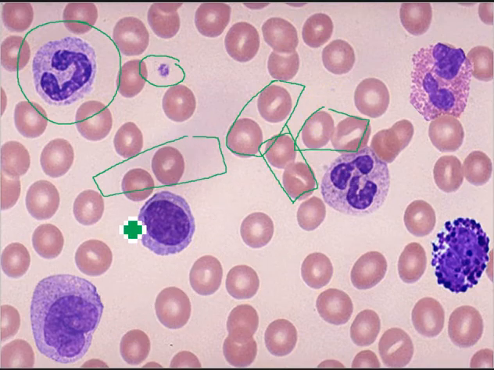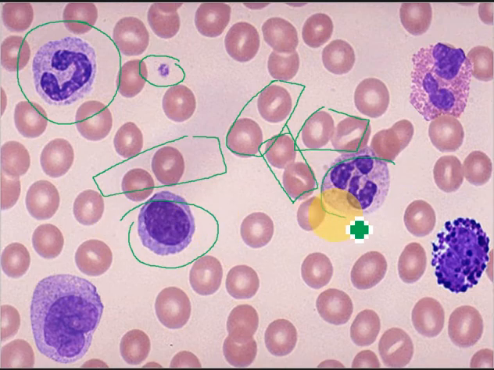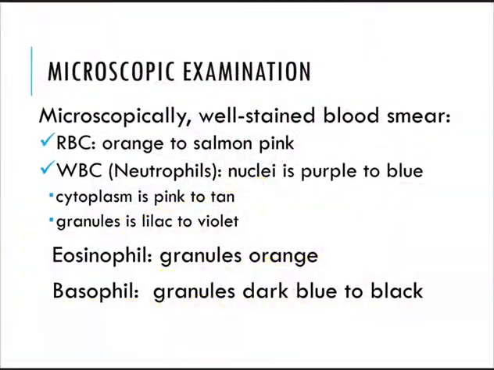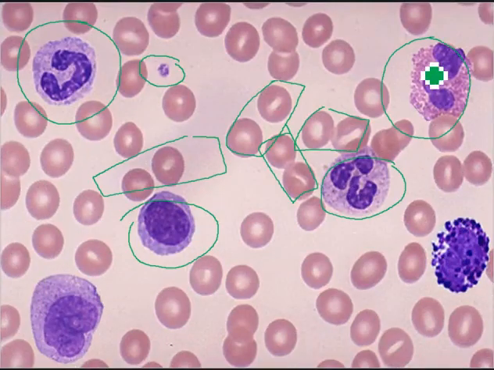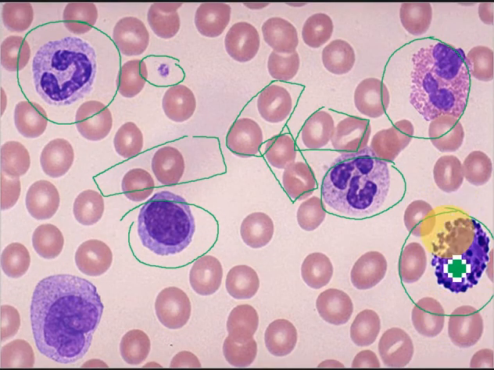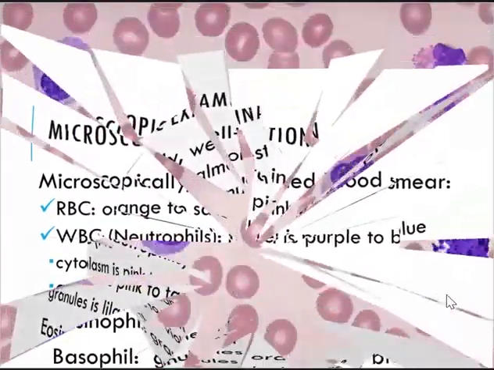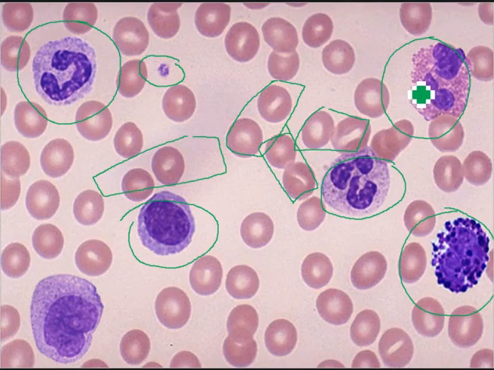So this one is your lymphocyte. This is another neutrophil. This is your eosinophil. As described here, the granules are color orange. And then this is your basophil. Its granules are color dark blue to black. It looks a bit different.